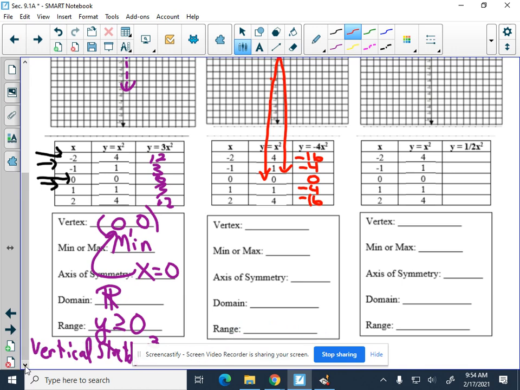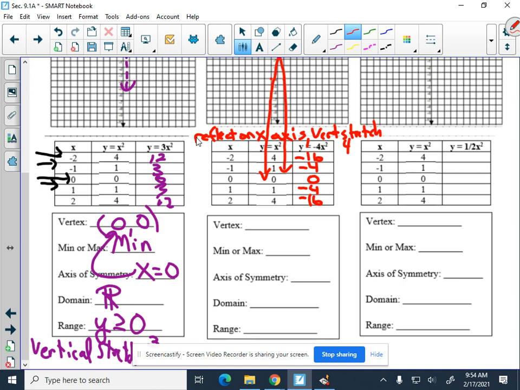It did what we call a vertical stretch. It's definitely taller, but at first did a reflection on the x-axis. Do we remember talking about that before? And then it did a vertical stretch of 4. The reflection was caused by the negative. So the negative flipped it.